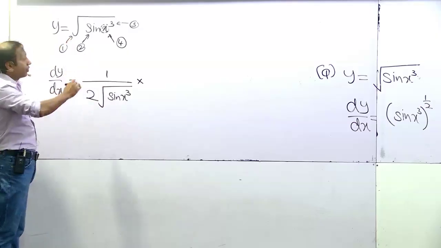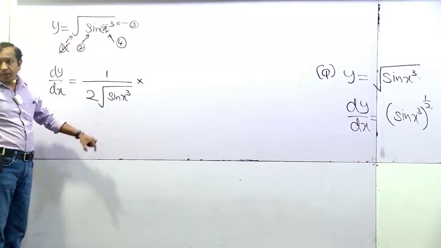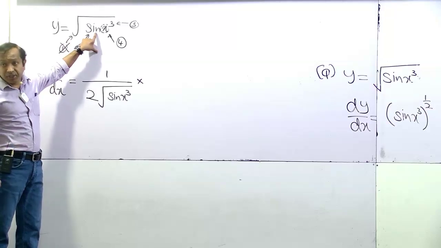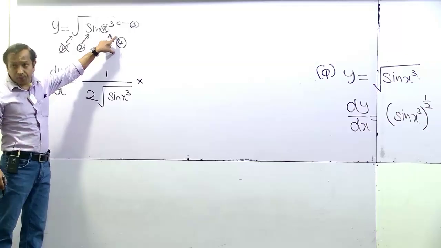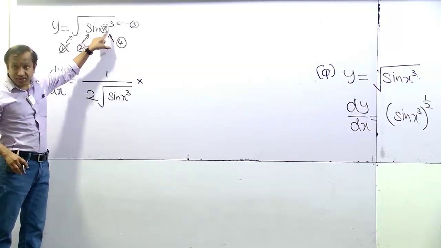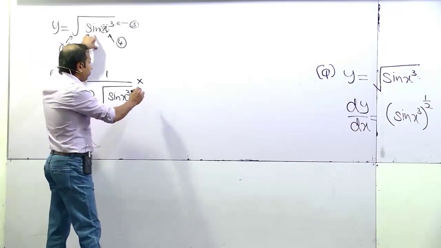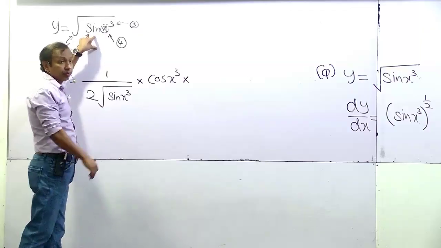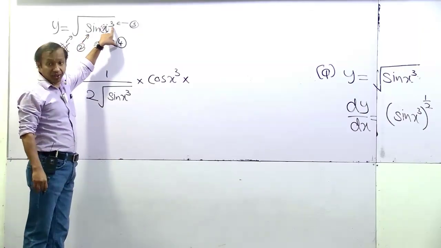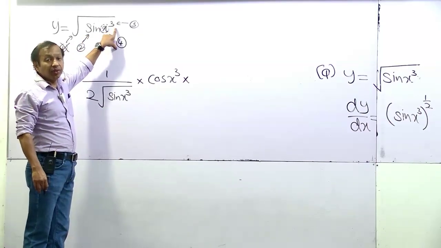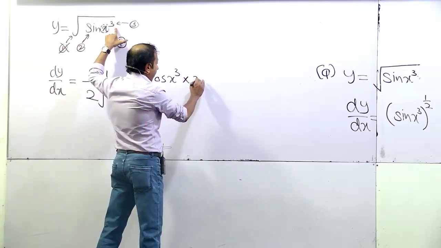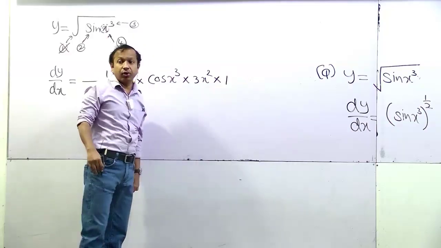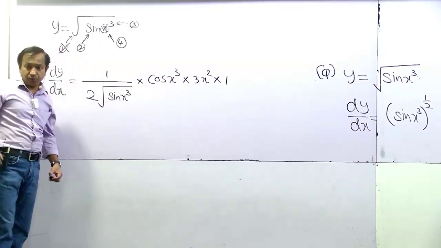Now this first function we have differentiated. Now we have sine. What do we have? Cos. Meantime, do we change this? No. Once we differentiate this sine, do we change this x cube? No. Cos x cube. Now this power 3, x cube, 3x squared, and x, it's 1. That's how we take. Understood? Right.